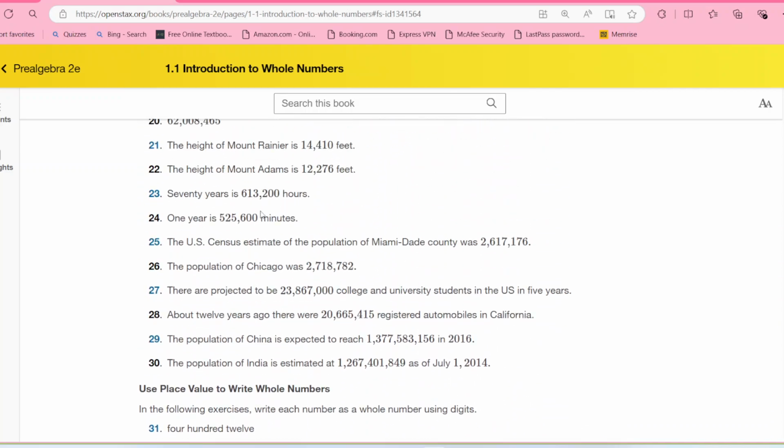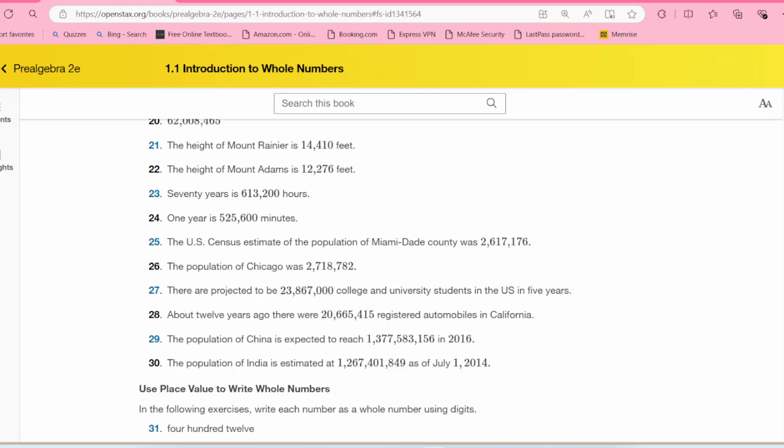All right, the number 24. One year is 525,600 minutes. If you're a fan of the musical Rent, you more than likely already knew this. But yeah, there's a song, 525,600 minutes, right? How do you measure a year?